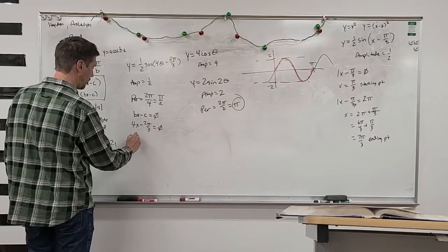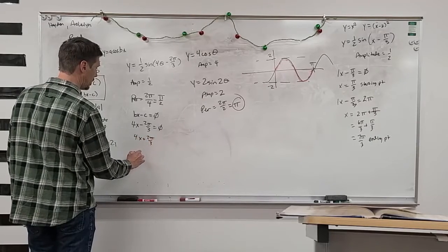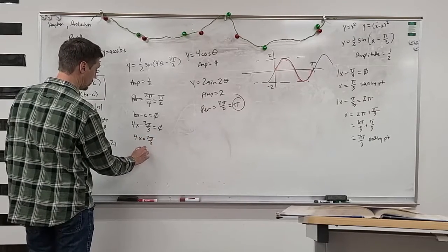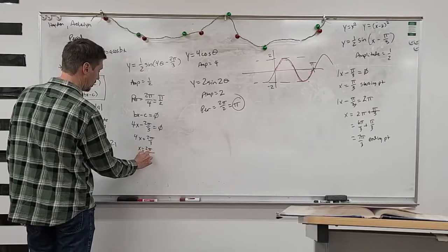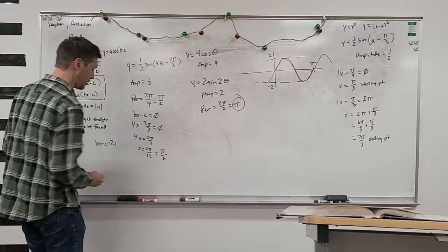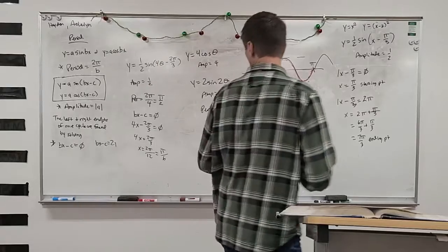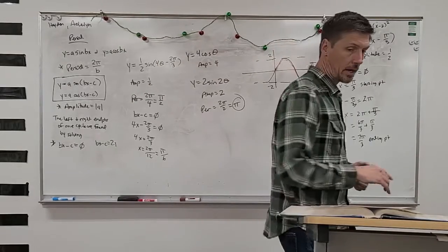So 4x equals 2 pi over 3, and x equals 2 pi over 12, or pi over 6. That's our starting point.